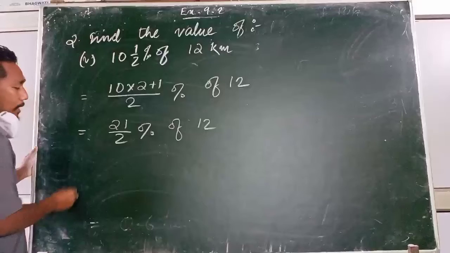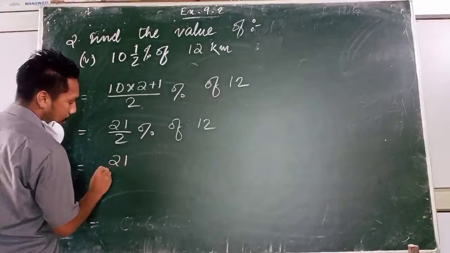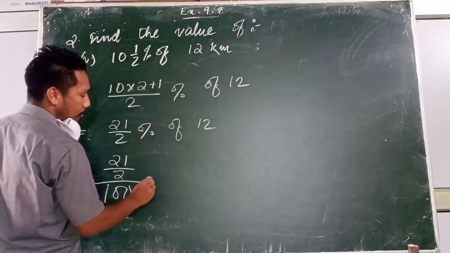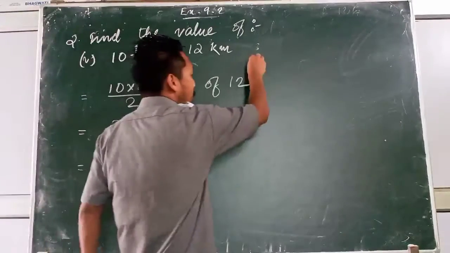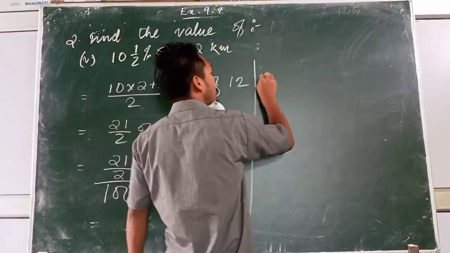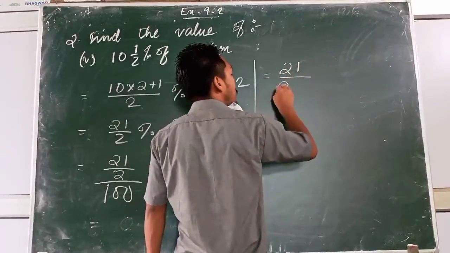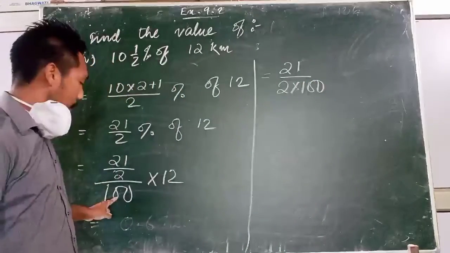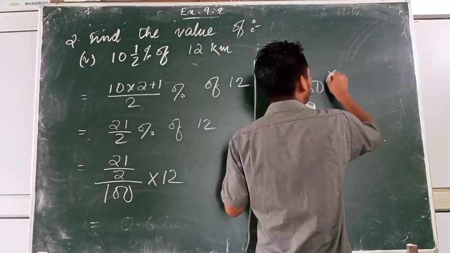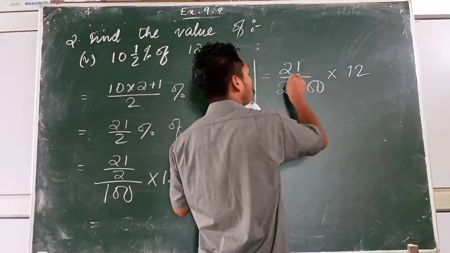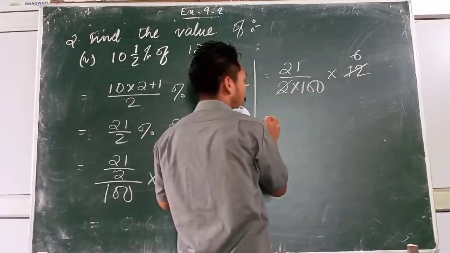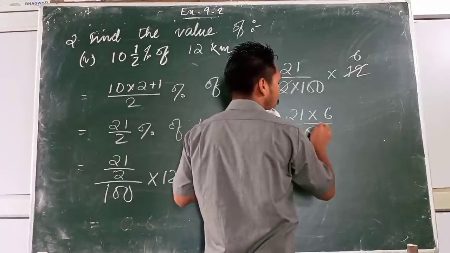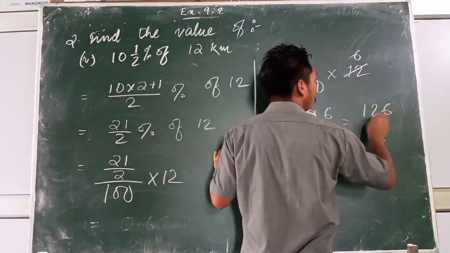The percent is divided by 100, into 12. So 21 by 2 into 100. This 2 goes down and multiplies with 100, and "of" is converted into 12. So 2 sixes are 12. Multiply 21 into 6 by 100: 6 ones are 6, 6 twos are 12, giving 126 by 100.